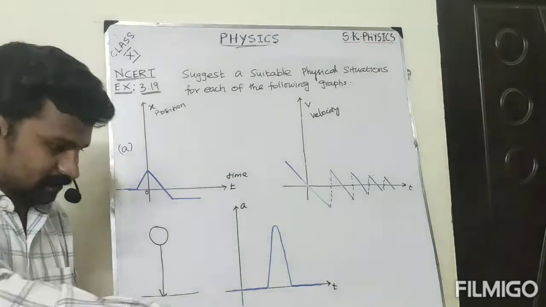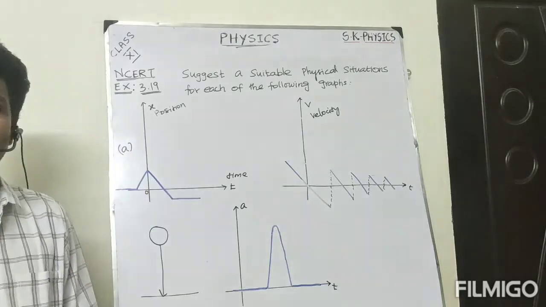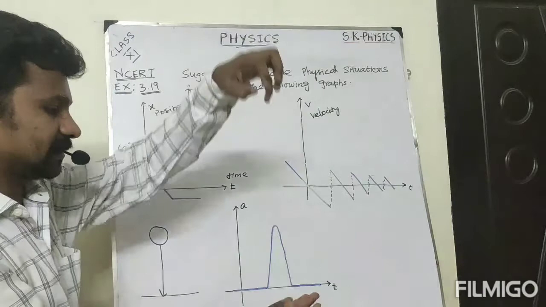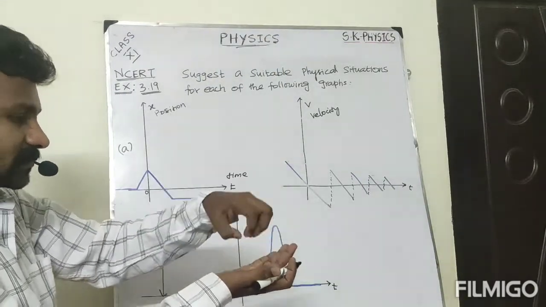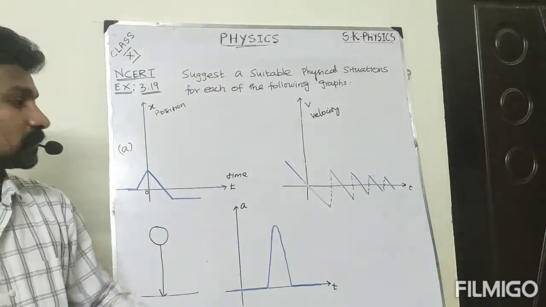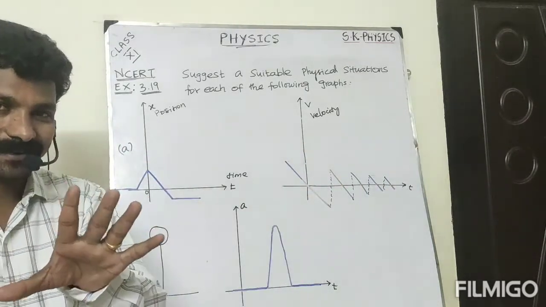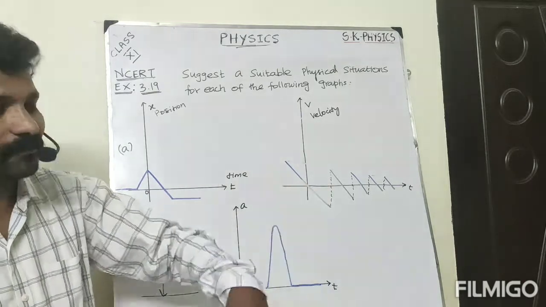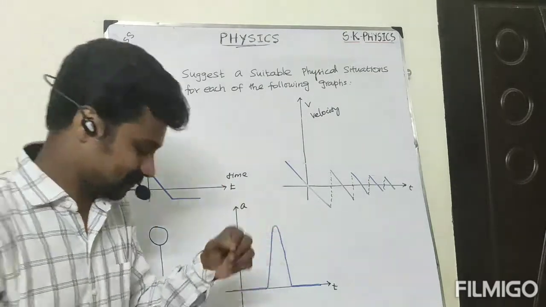Because when you throw or hit the ball down, it first moves up to some height, then the height reduces again, until zero. So with respect to time, the velocity is reducing. Understand? This is the best example for hitting a ball to the ground.